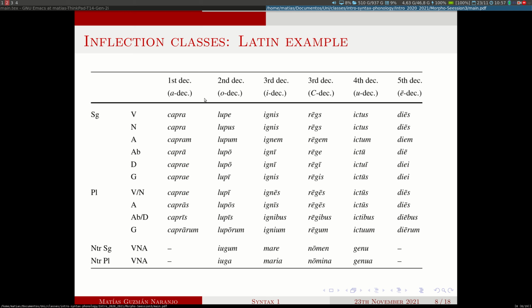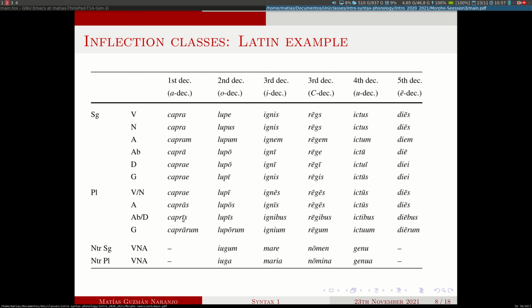So between the first and the second declension, you see that there are some similarities in the distribution of the markers. And for example, for all declensions, the accusative has an M at the end, the accusative singular.